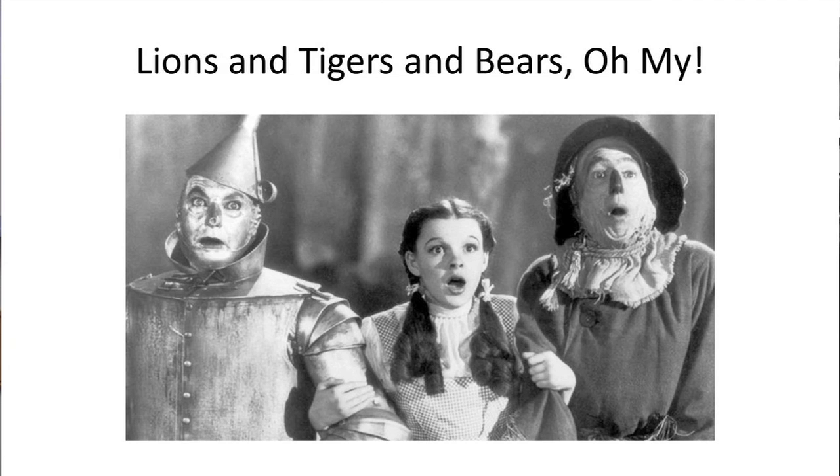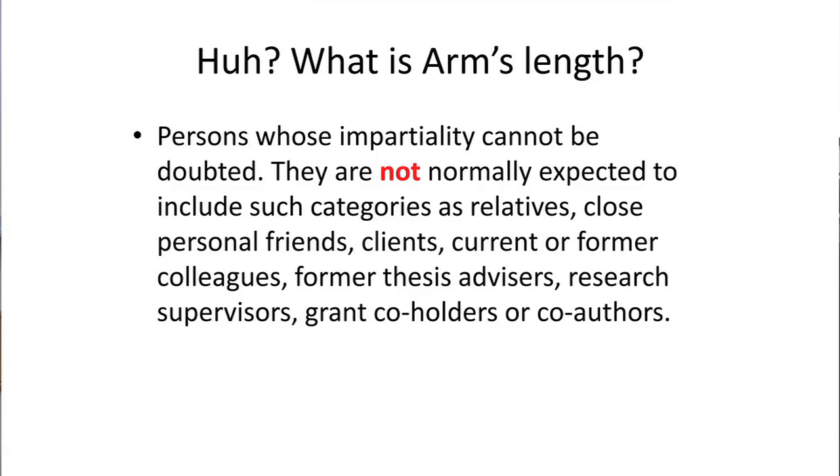So, lions and tigers and bears, oh my, we have to get ourselves some letters. What are they? Why? And how do I go about getting them? Okay, so what is it? It's a person whose impartiality cannot be doubted. Well, anybody can be doubted, but we hope not.